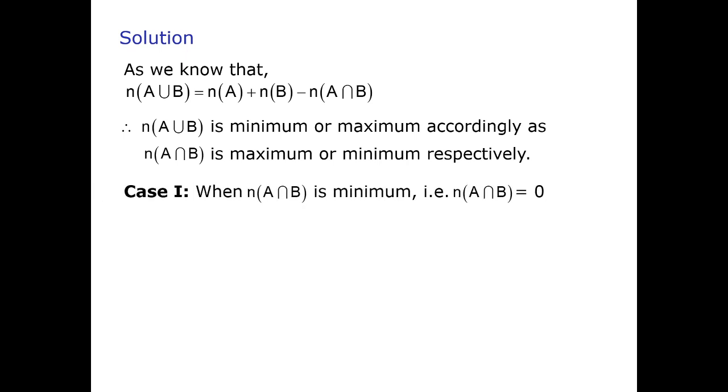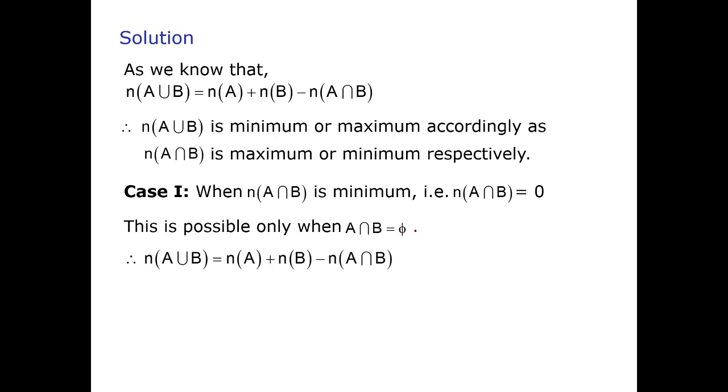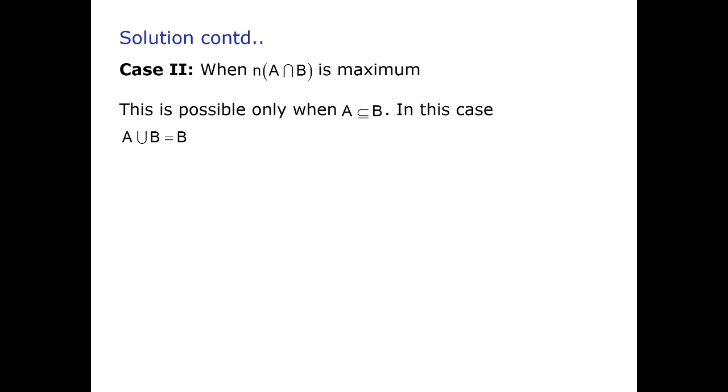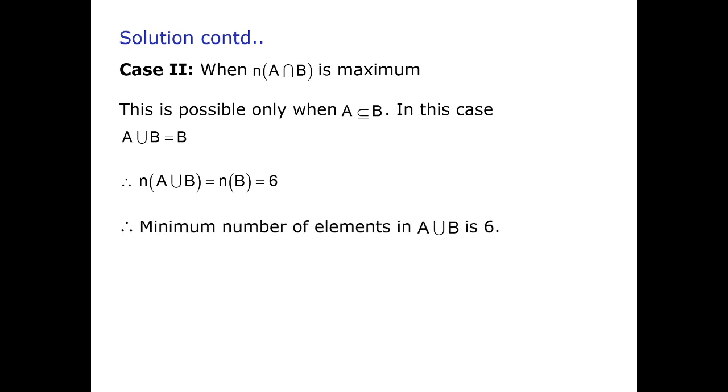When the intersection is minimum, it is 0. This is only if A and B are disjoint. So in this case, 9 elements are possible. In case 2, when the union is minimum, this is only possible when A is a subset of B. In this case, A union B will be B. So there will be 6 elements.